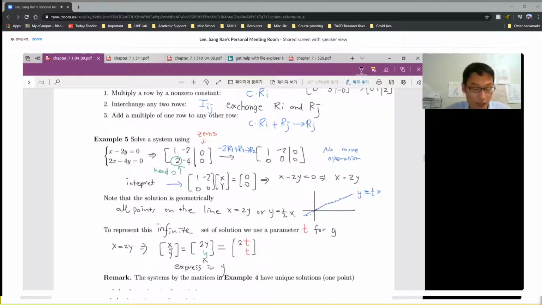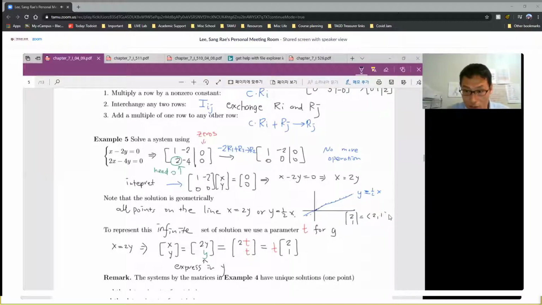So we have this column matrix with x and y as 2t and t, with the parameter t. Once you factor out t, we have t times a certain vector, (2, 1). Here, (2, 1) is not a random vector.